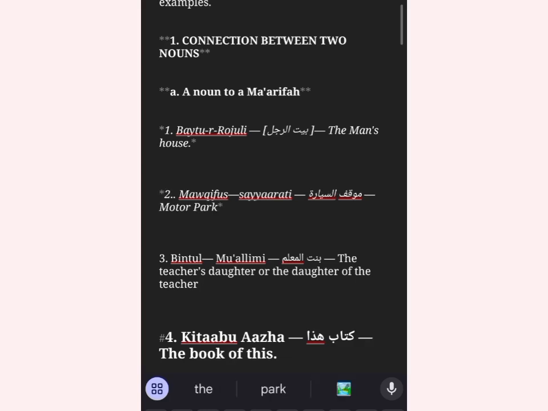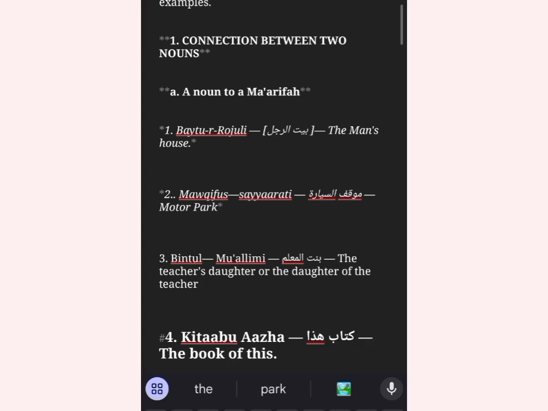We just simply say موقف السيارة, the motor park, the park of the car, or a place where motors are parked.